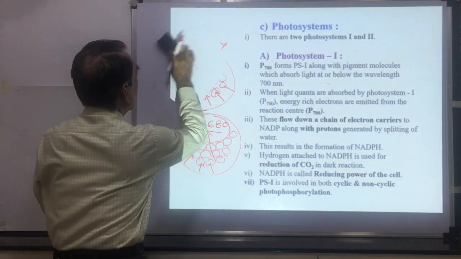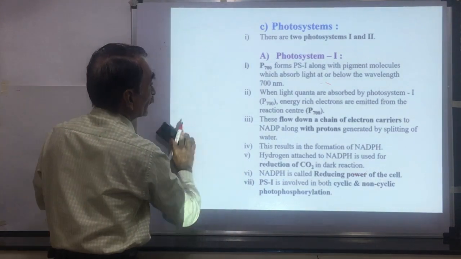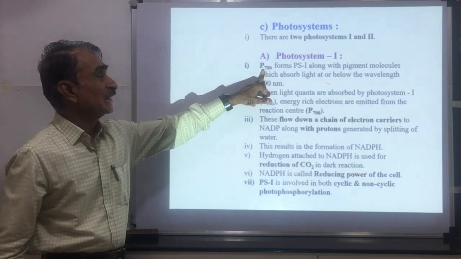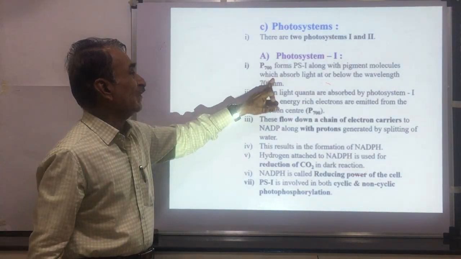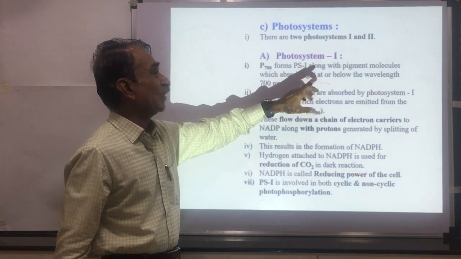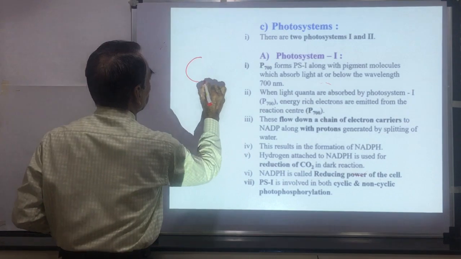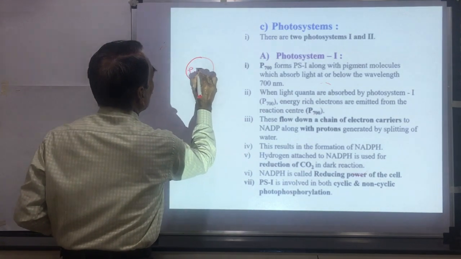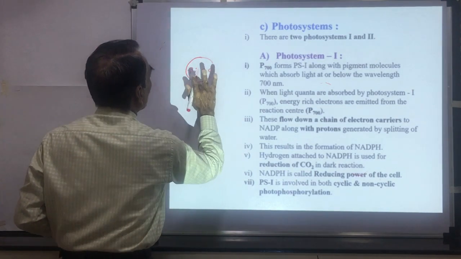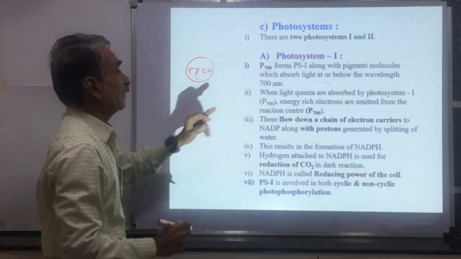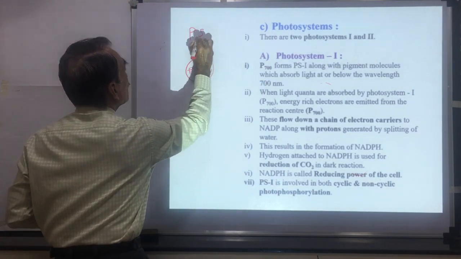Then, photosystems. Here you can see that P700 forms photosystem first, along with the molecules which absorb at or below the wavelength 700 nm. Just now we have seen. P700 forms photosystem first.